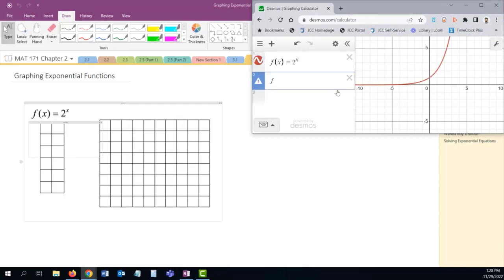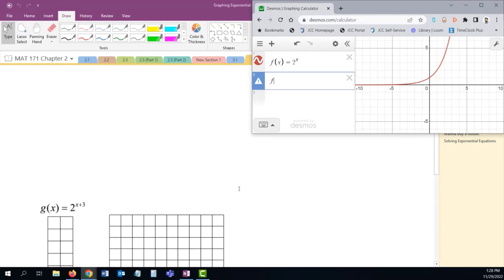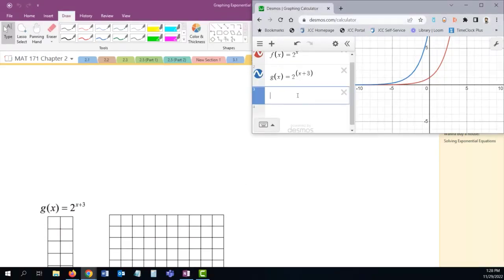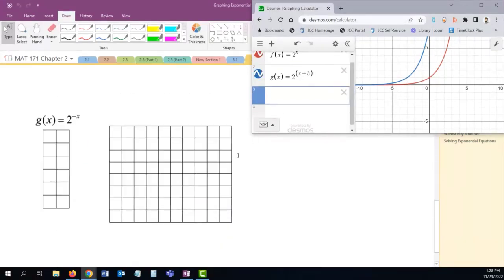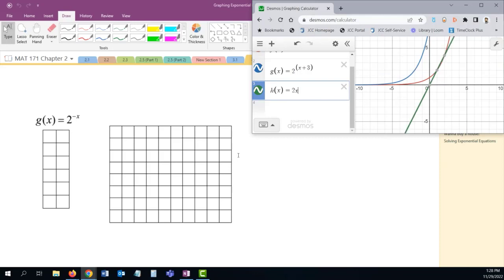Next one, g of x is 2 raised to... Desmos has made a small change: when you're doing exponents, you have to put a parenthesis first, or it's going to assume that the next thing you type, like x, just keeps typing in the exponent. It jumped down automatically on me earlier today. So here are the three functions.